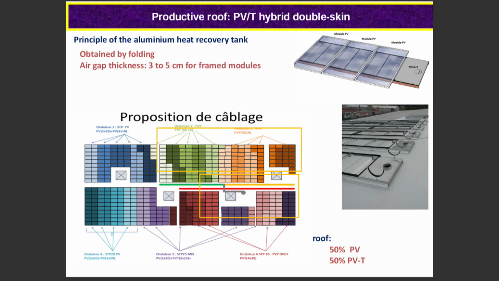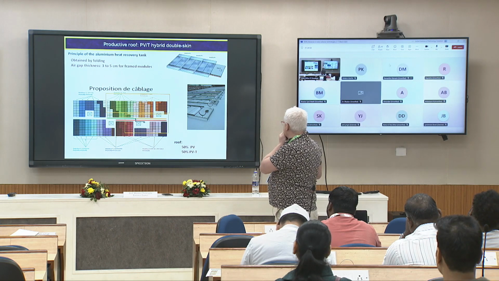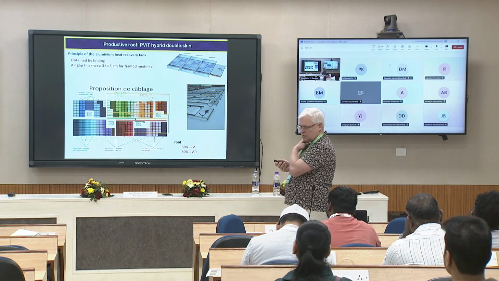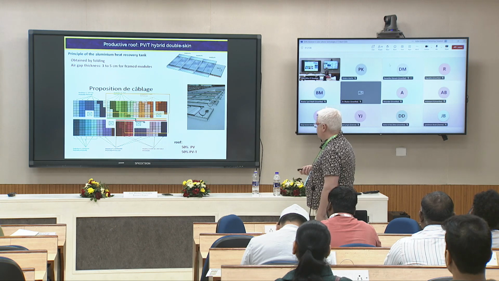So not all the roof has been designed to recover the heat. We made some computation in order to evaluate the surface of the roof that we need to be hybrid photovoltaic thermal. Finally it was 50% PV, so only PV, not ventilated, and 50% PVT.